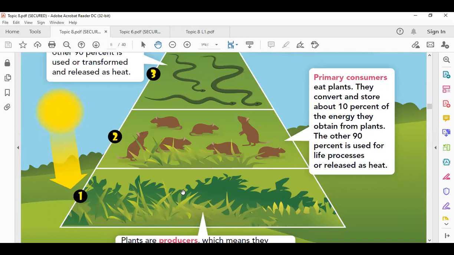They also use only 10% or 11% of the energy they get from the producers. Primary consumers eat plants, so in this trophic level you can find animals like goats, sheep, elephants, deer, and so on. They convert and store about 10% of the energy they obtain from plants. The other 90% is used for life processes or released as heat.